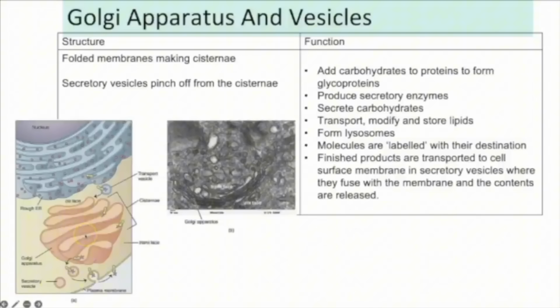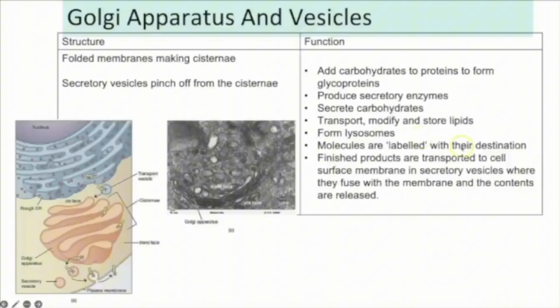The function is the addition of carbohydrates to proteins to form glycoproteins. You also have the production of secretory enzymes. Carbohydrates are secreted. We have the transport, modification and storage of lipids. We get lysosomes forming. Molecules are labelled with their destination. And then finally, the finished products are transported to the cell surface membrane, which we can see here, in those secretory vesicles where they fuse with the membrane and the contents are released.